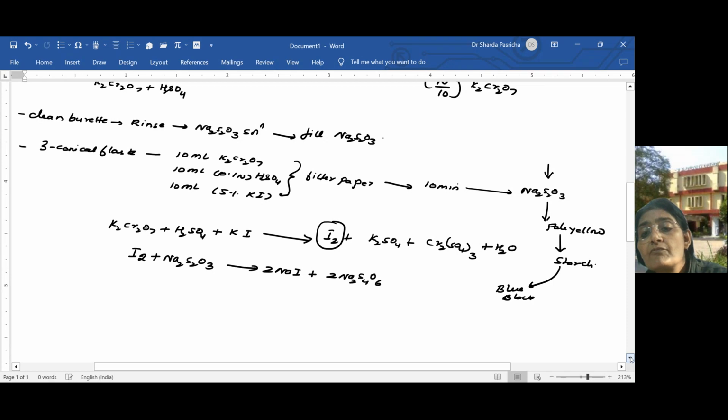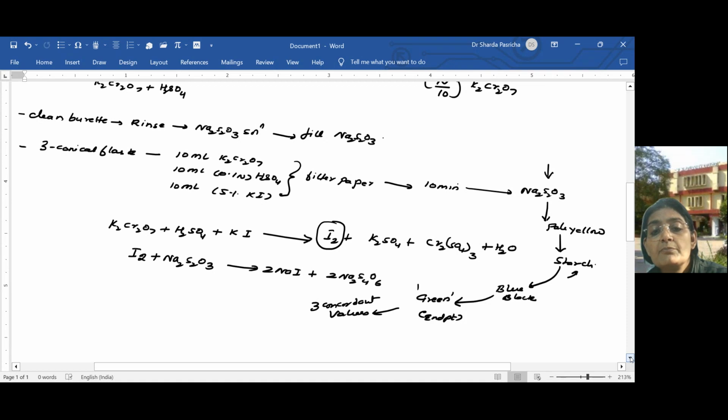That is because of adsorption of iodine on the surface of starch. You continue addition of sodium thiosulfate until the solution changes to blue, which will be the end point. You repeat this titration to obtain 3 concordant values.